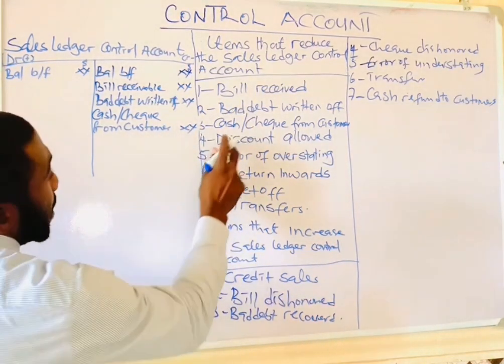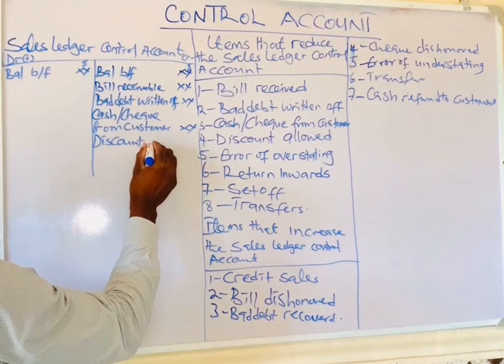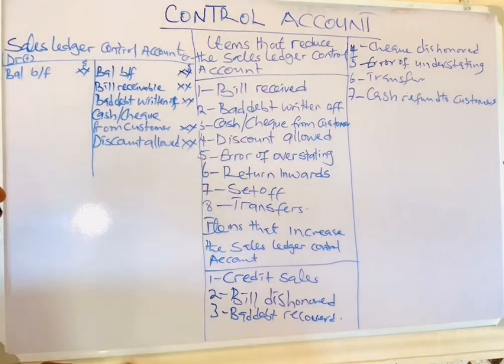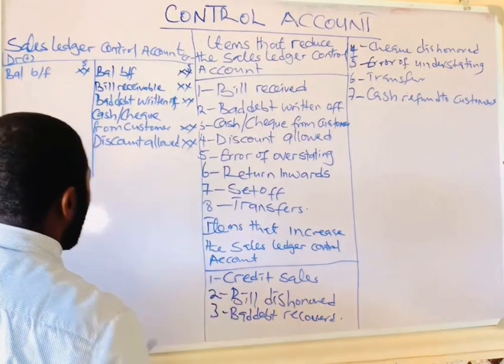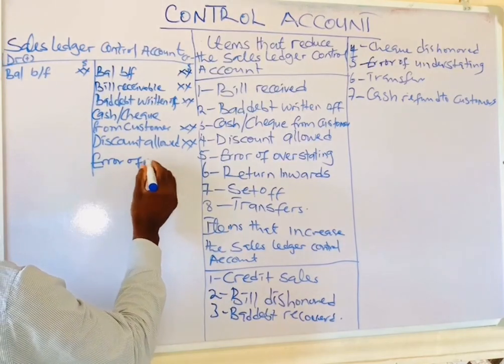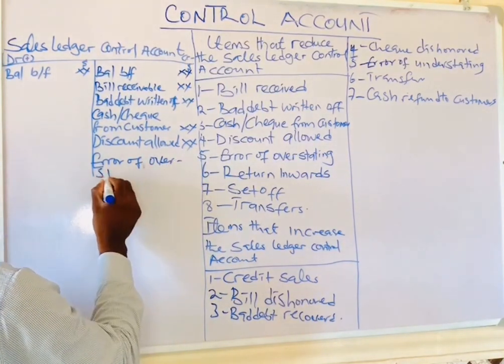Then discount, you allow the discount. Discount allowed. Simple as that. It's very simple. Error of overstating.